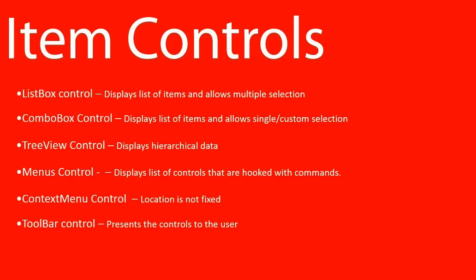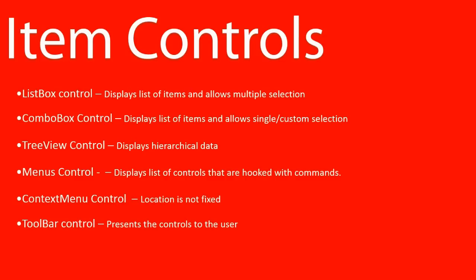The next control is the menu control. It displays a list of controls that are hooked with commands. You can bind some commands with these menu controls and they will do some magic in your application. The next control is the context menu control. You must have seen this control.